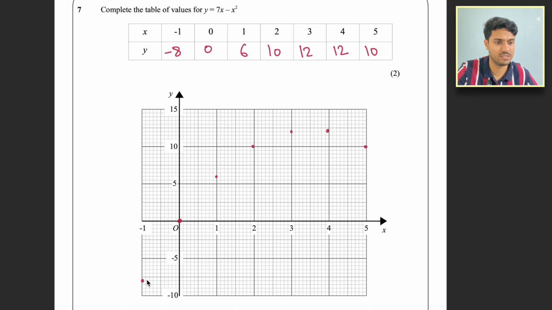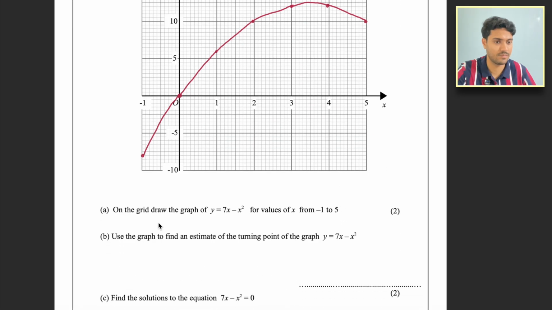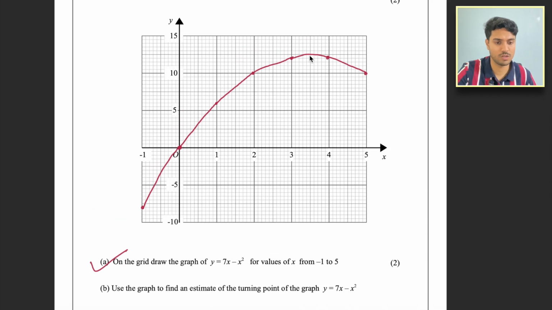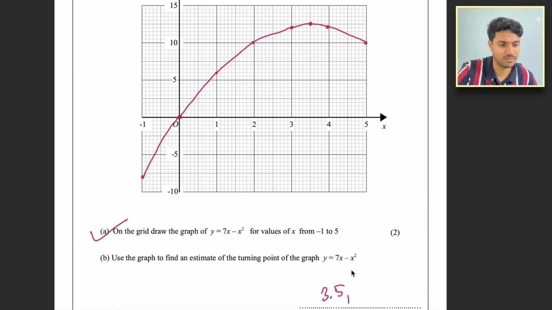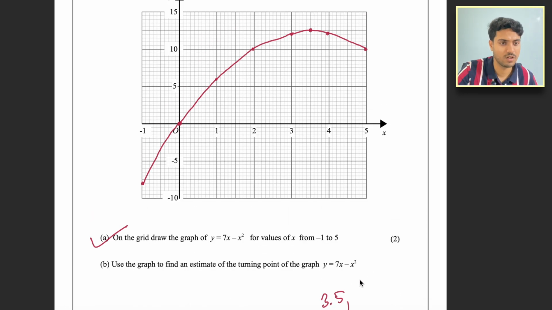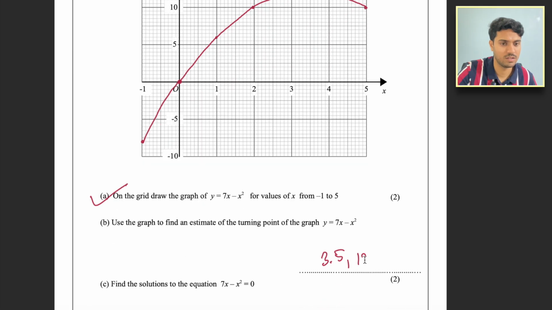And at 5 it is 10 again. So the graph actually looks like this. Yeah, so the first part is done. Use the graph to estimate the turning point of the graph. Turning point of the graph is here, which is 3.5, comma, 12.5.